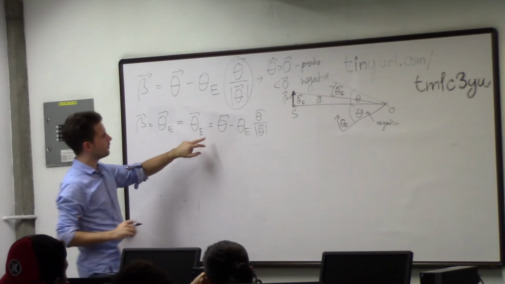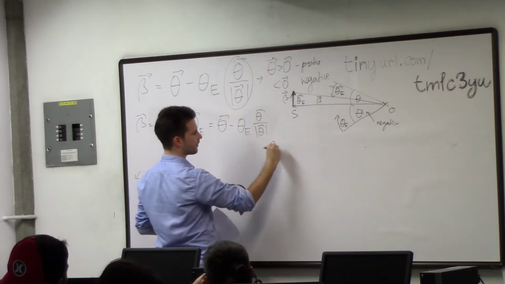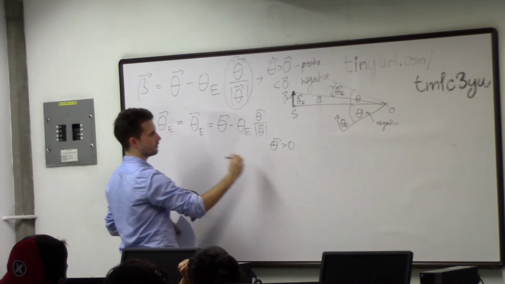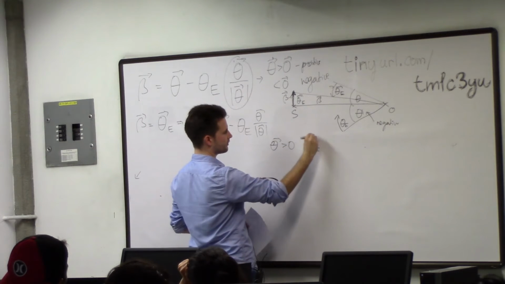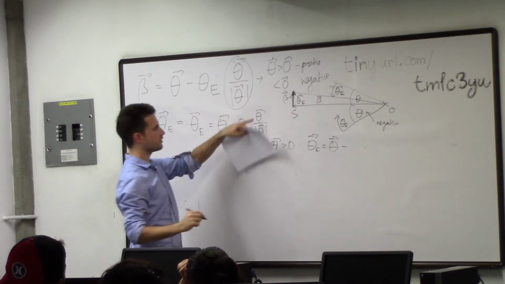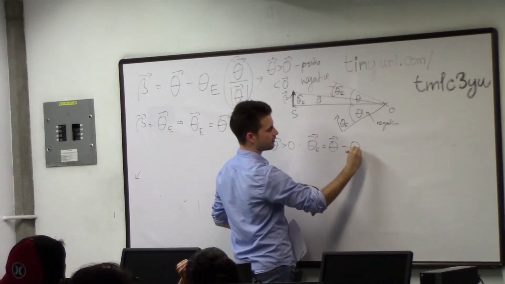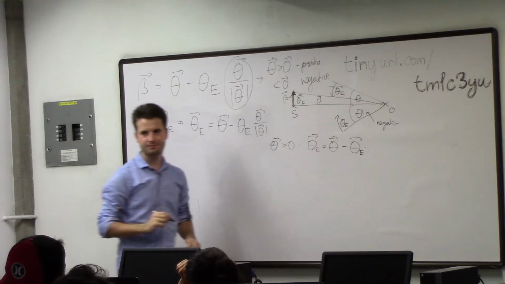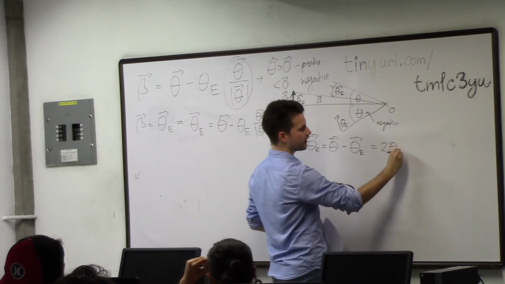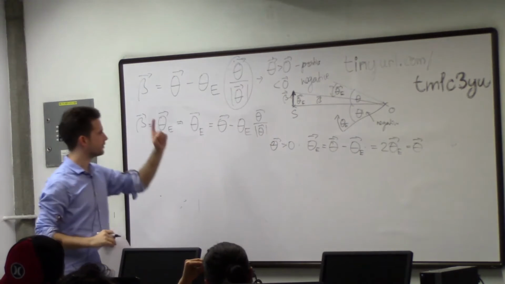And now, if theta was completely positive, so if you consider that theta is greater than 0, then what you get from this is just Einstein radius equals theta minus, this is plus, plus, goes to 1, minus Einstein radius. And what comes out of this is 2 Einstein radii equals theta pointing upwards.